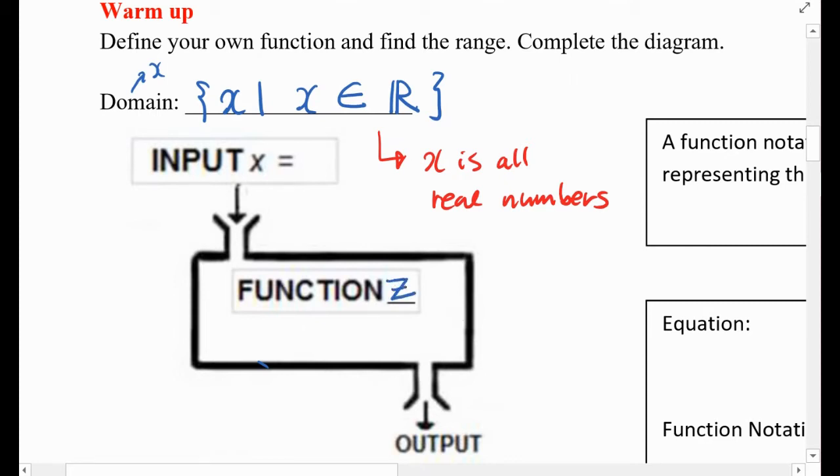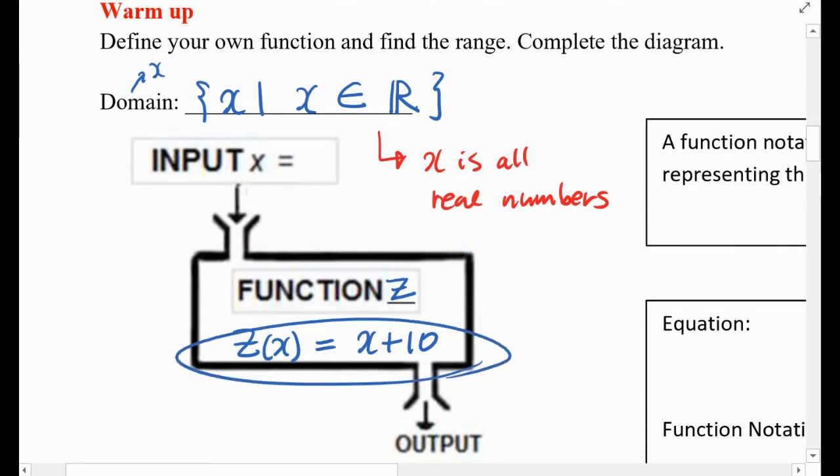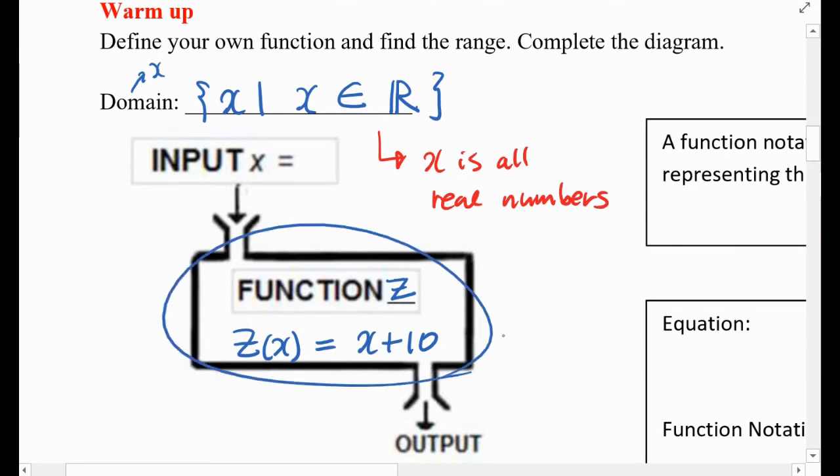So we have the z function, and let's define the rule. My function is z of x equals x plus 10. This is my definition of my function. You can use another letter and another rule.